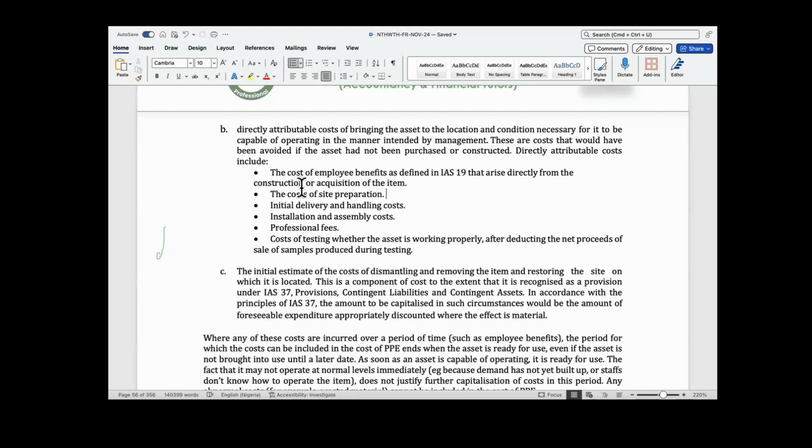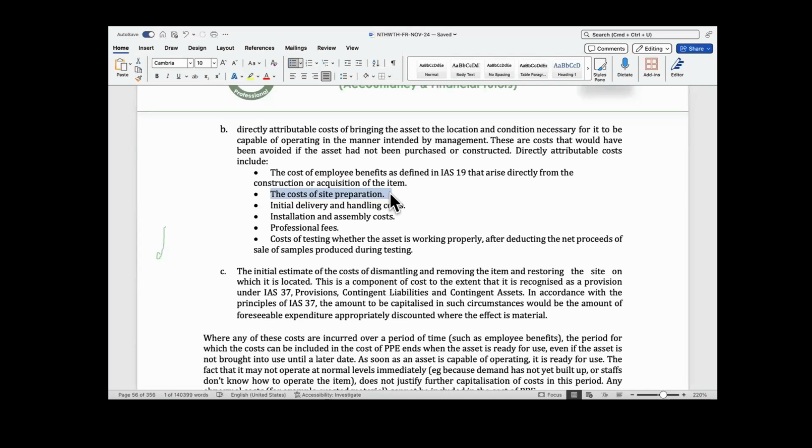The cost of site preparation: when the asset is on site and you need to get the site ready, you need to clean some sites. A clear example is if you want to build a structure, you bought a land, and you now have to spend money in getting that site ready.